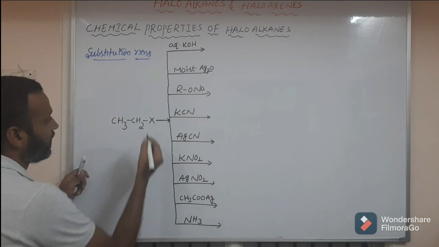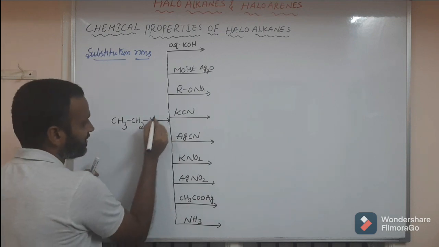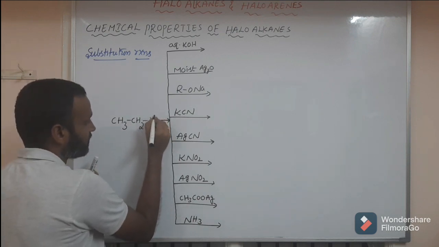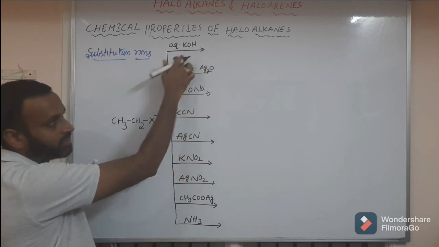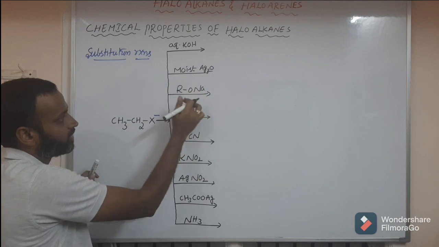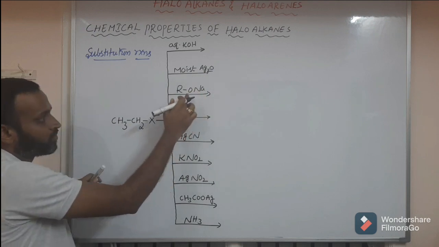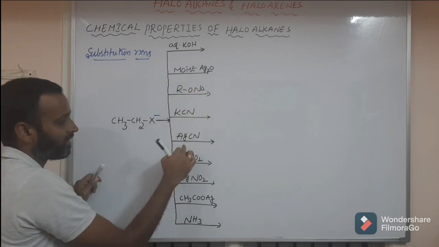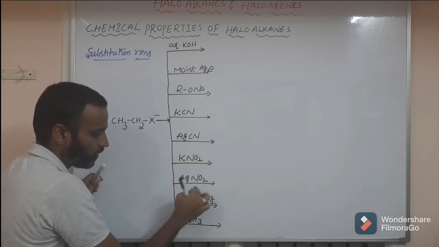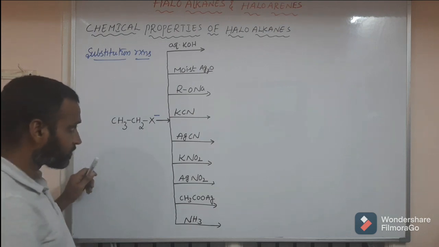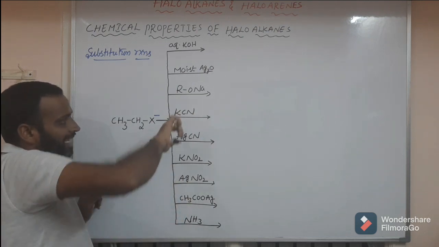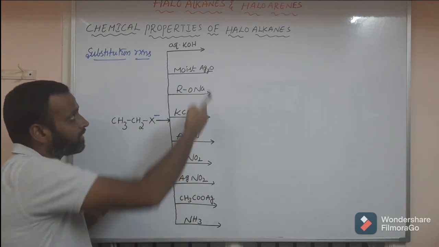Here the nucleophile is particular, and X is the leaving group. X minus will go out, by using reagents like KOH and moist Ag2O, RONa (sodium alkoxide), KCN, AgCN, KNO2, AgNO2, CH3COOAg and NH3. These will replace X. So who will replace?